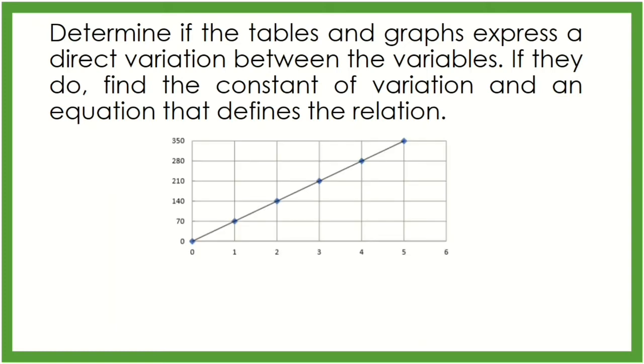Okay, so this is a graph. As you can see, the graph is a line. Paano natin malalaman kung direct variation ang graph? Okay, katulad ng table of values, kukunin natin yung ratio ng y and x. So this point, the ratio is 70/1. Ang y natin is 70, ang x natin is 1.